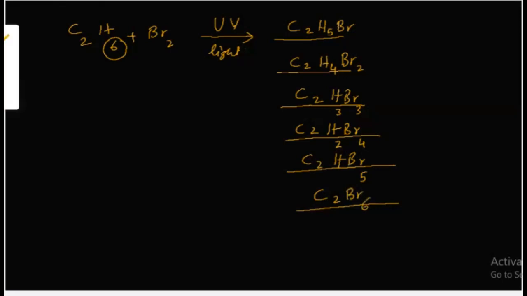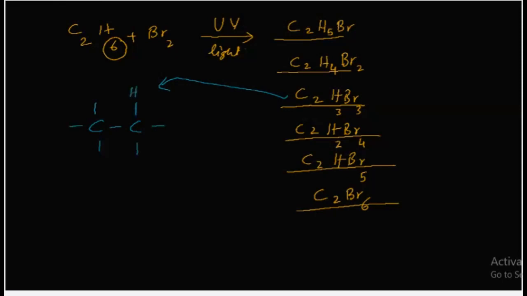So if you pick any compound, you can draw the structure of that compound. For example, if you pick this compound, there are 2 carbons, and because you are applying the general formula CnH2n+2, that's why it is an alkane. If there are 2 carbon and 3 hydrogen atoms, you can add these 3 hydrogen atoms anywhere.